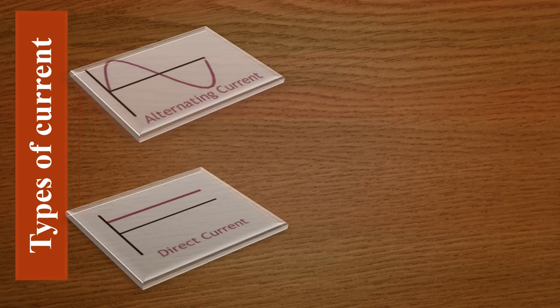But if we use direct current in our circuits, it can create short circuits or accidents. I think the flow of these two types of currents will give you a clear idea about the difference between them.